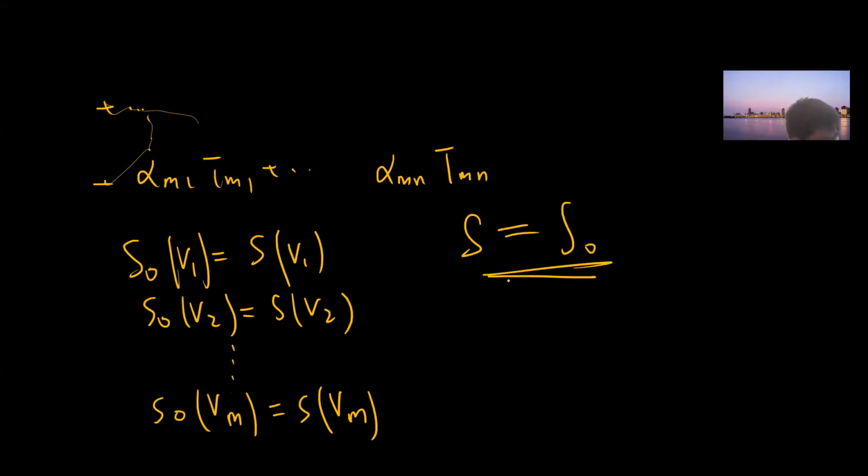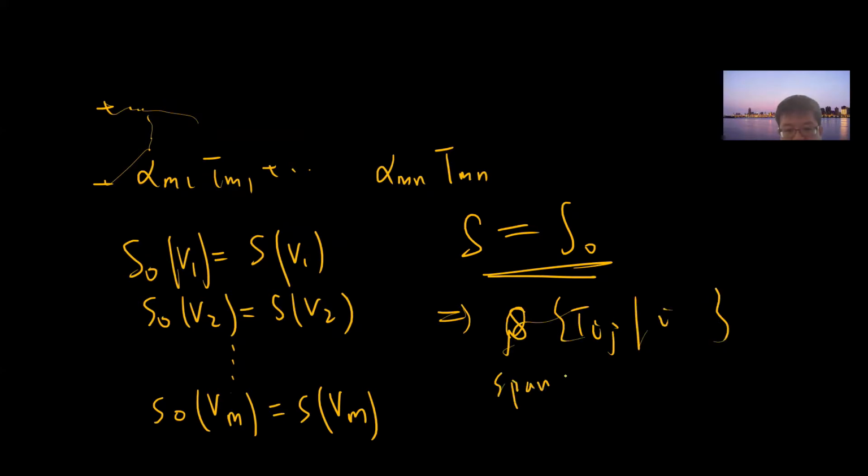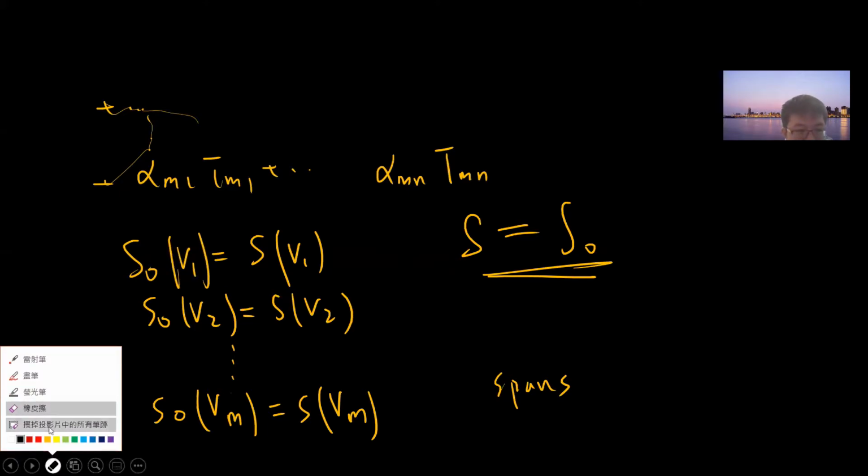Okay, so now what did I prove? I proved that this Tij spans the whole Hom(V,W). So let me just clear this.